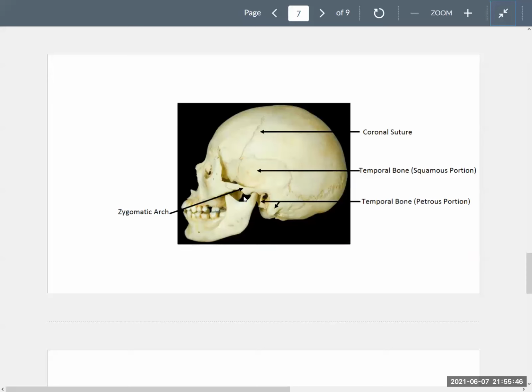Well, this bridge is made up of two bones. The one in front here, the zygomatic bone, and an extension here coming forward from the temporal bone. I want you to just know it as zygomatic arch.